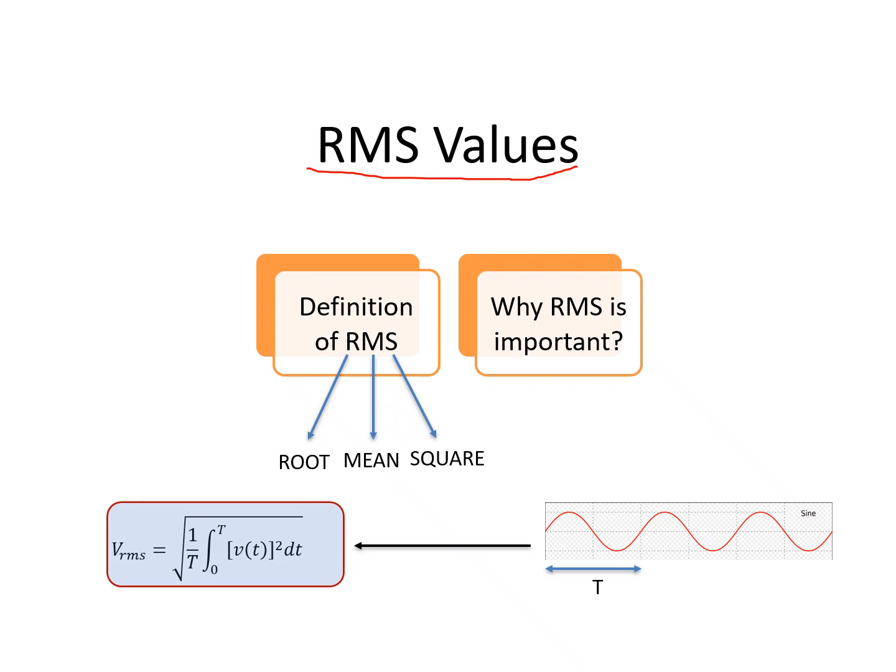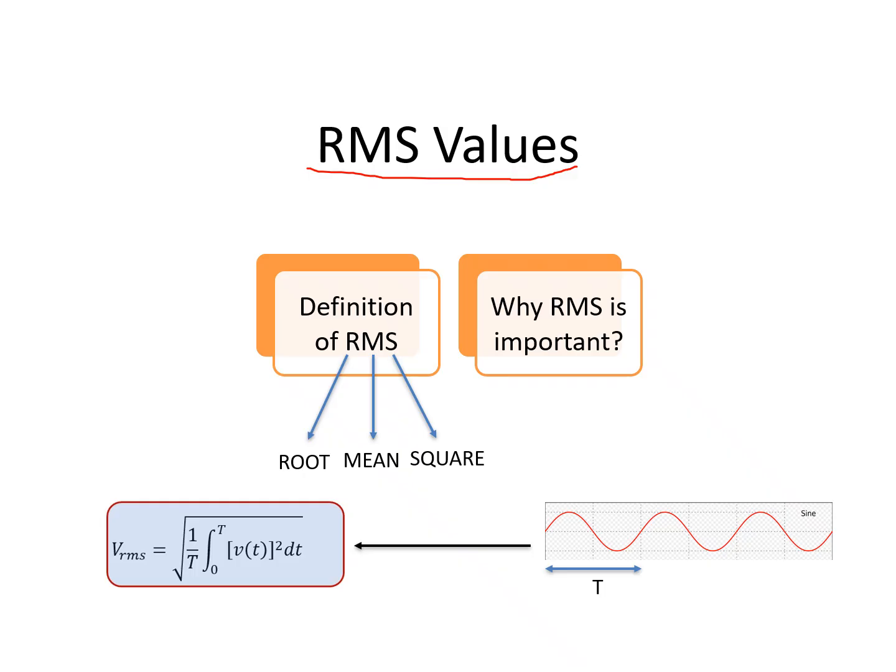So R is root, M is mean, and S is square. So in total, we say RMS is the root mean square value of a signal. If we apply them one by one to our AC signal, considering this waveform here, what is the RMS of this waveform based on this definition?